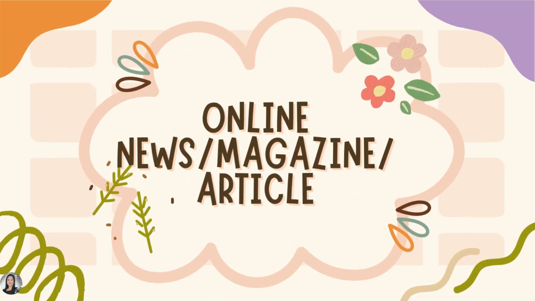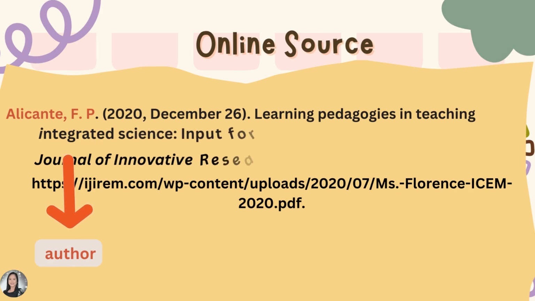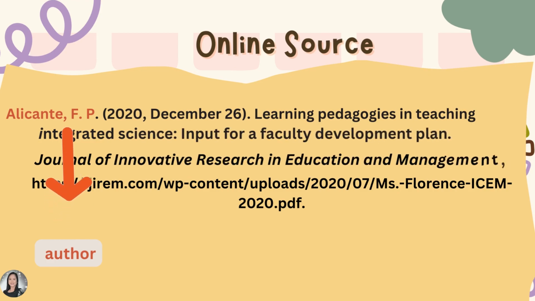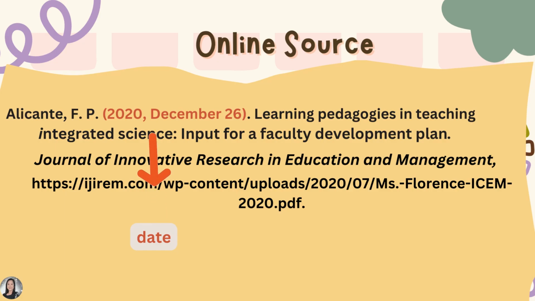Now, let's talk if our source is taken online, whether it is a news, magazine, or article. For online news or online article, first we still have the author as the first part, the date and closing a parenthesis as the second part, but aside from the year, the month, and the date are included.